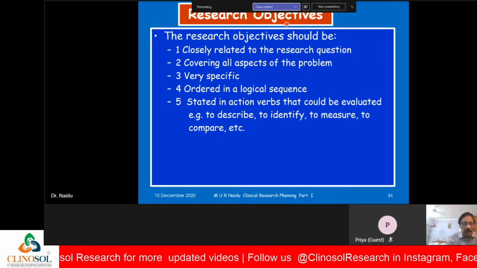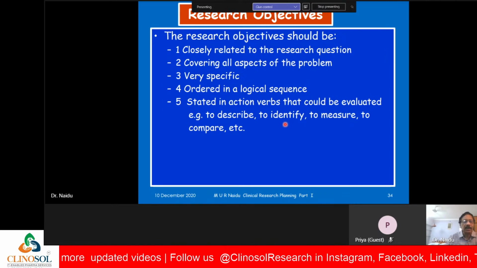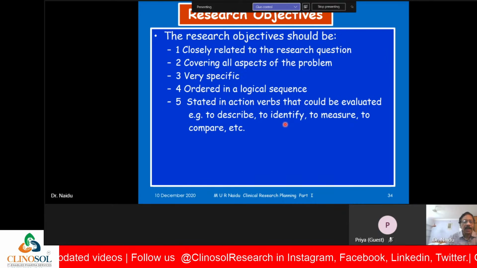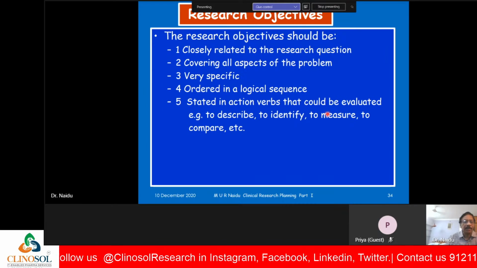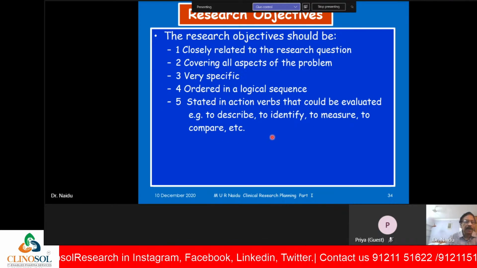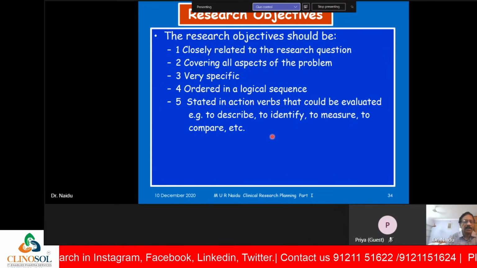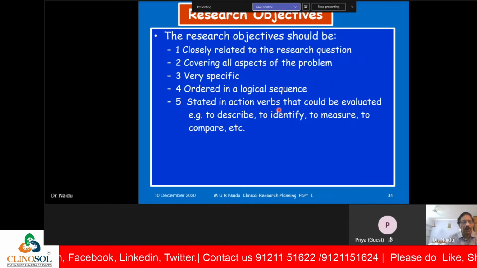So whenever you are writing an objective, describe. To identify renal complications, to measure the blood pressure in patients with hypertension, to compare drug A with drug B in pancreatic cancer. Like that you have to write your objective with a verb.